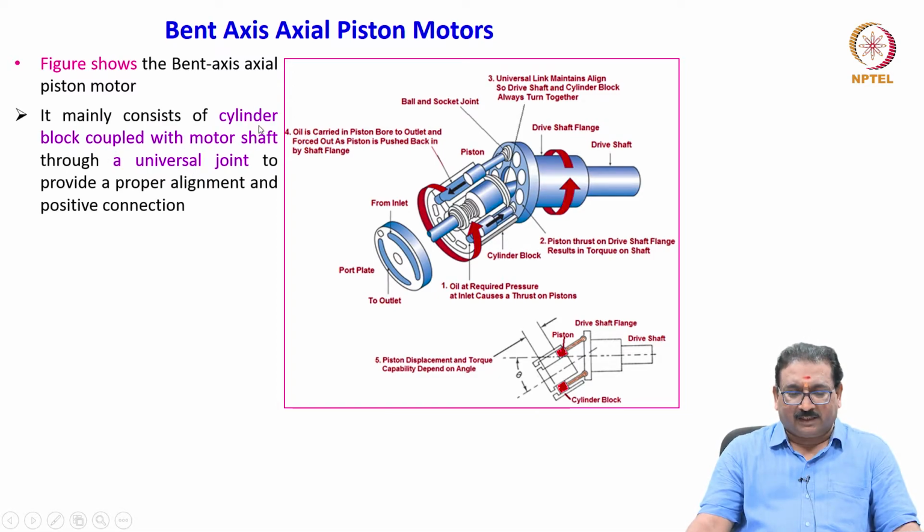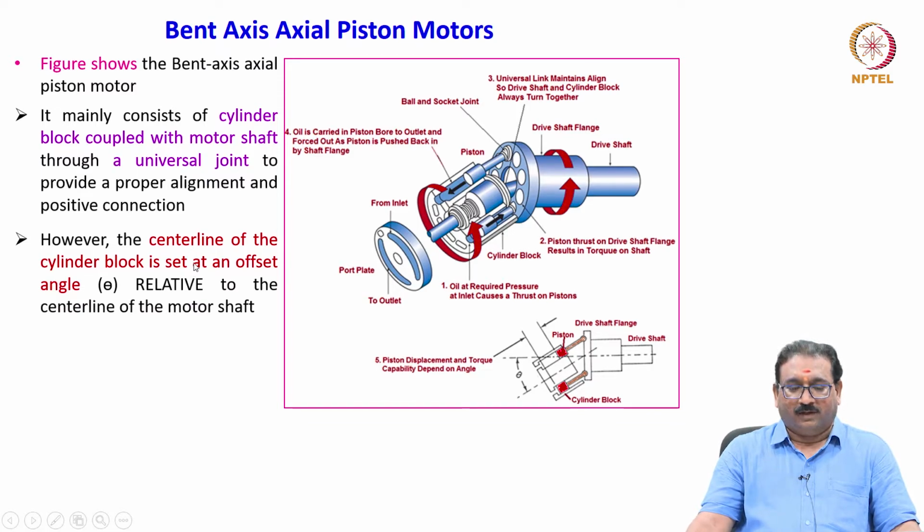It mainly consists of the cylinder block, which is coupled with the motor shaft through a universal joint to provide proper alignment and a positive connection between the drive shaft and the cylinder block.